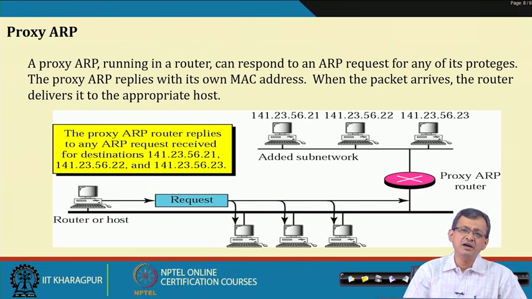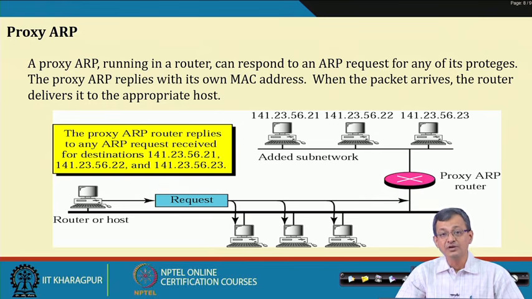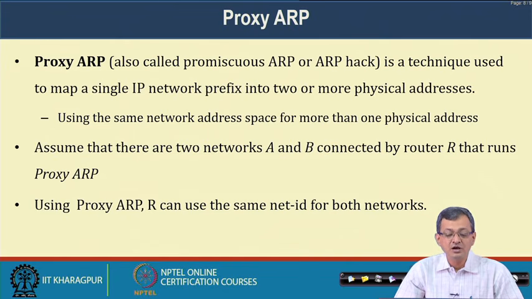There are a lot of advantages in this; in some cases there is a requirement that we need to do that. This is a special case of ARP, where one server takes care of the others.